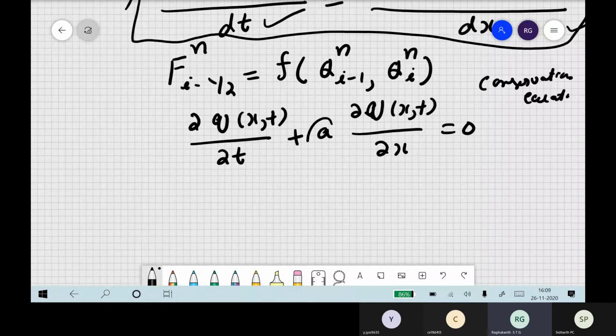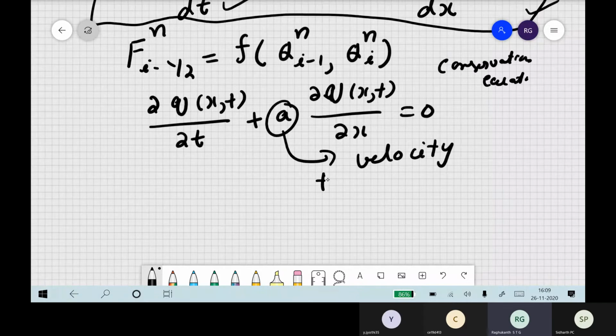And you will have a coefficient. This indicates the velocity generally, the speed at which the fluid is coming inside. So sometimes it is also known as the transport velocity. This is a technical word which they use in mathematics.